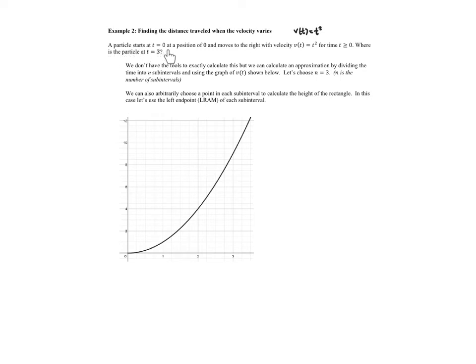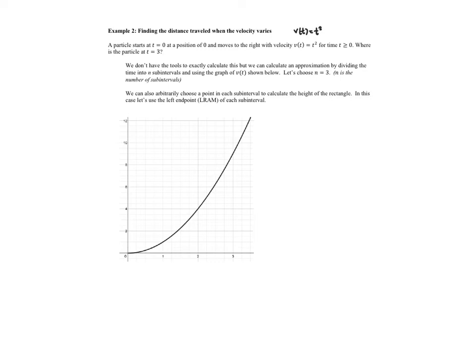A particle starts at t equals 0 at a position of 0 and moves to the right with a velocity of t squared for t greater than or equal to 0. Where would the particle be at t equals 3? We don't have the tools to exactly calculate this yet, but we can make an approximation.